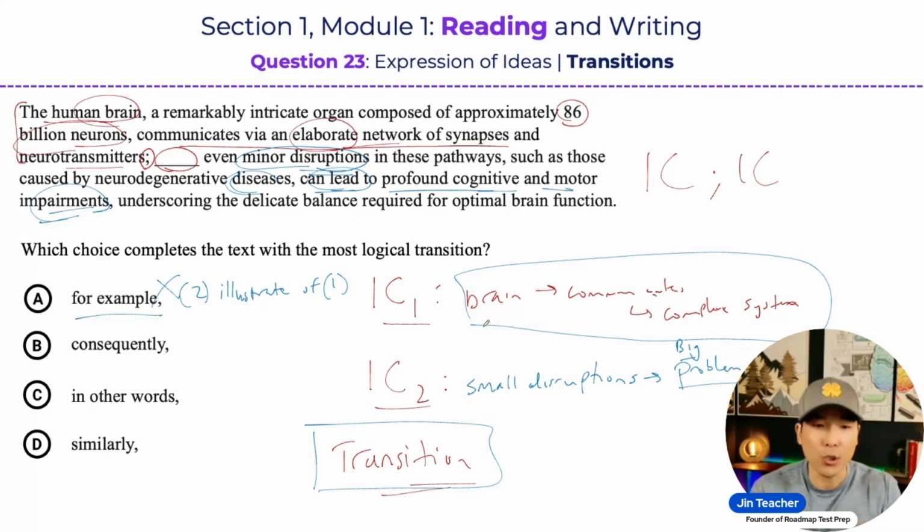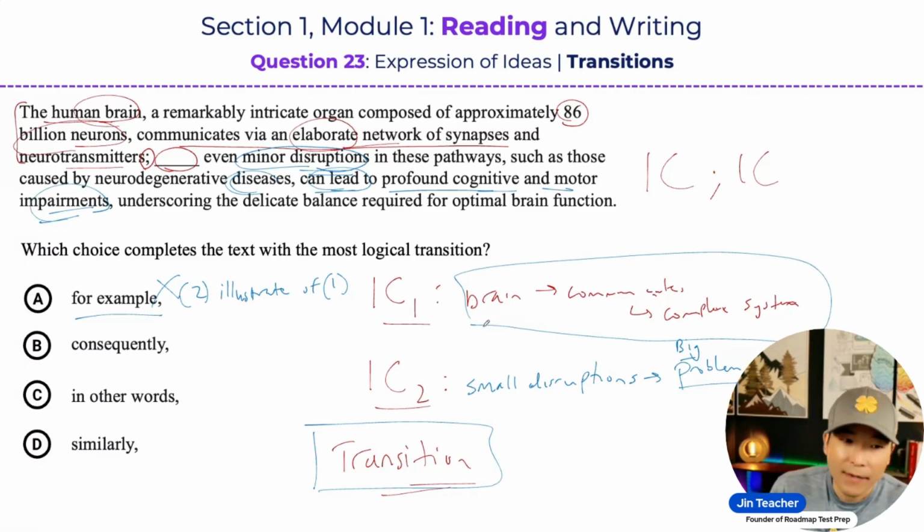They're giving you an illustration of this communication system. That's if it were correct. But we know the passage is not doing that, because the second independent clause is talking about how small disruptions in these pathways are going to create big problems, like neurodegenerative diseases. And so we can cross out A.